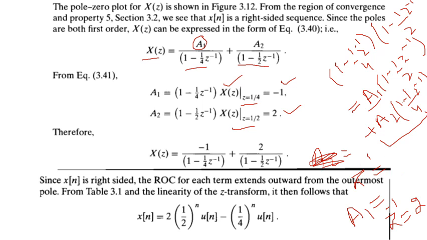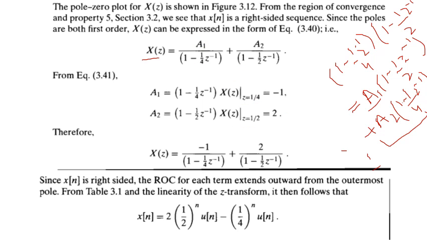Anyways, once you get to know the values of a1 and a2, you can substitute these values here, and now we know the inverse Z transform of this, because this is right-sided and this is right-sided.